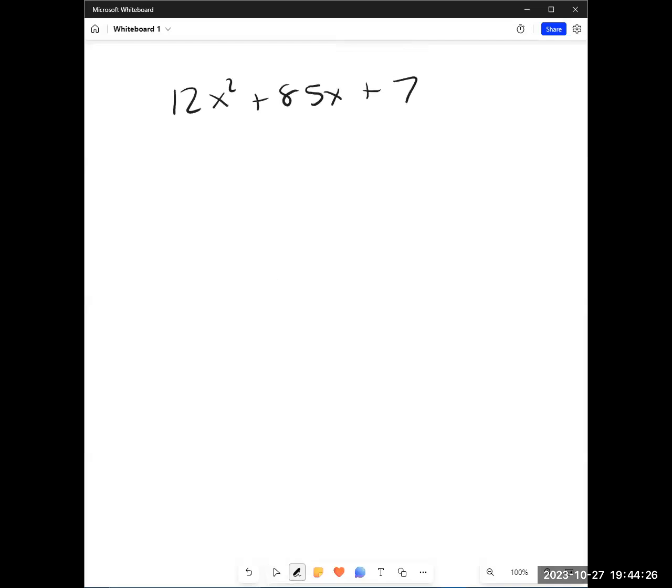This one I'm not going to do the chart because it's fairly obvious to me that since 85 is so big, it has to come from 12 and 7, which is 84, and one more is 85. So 7 times 12 is 84, which is really close to this 85, and it's one more. So sometimes the chart is a little unnecessary.